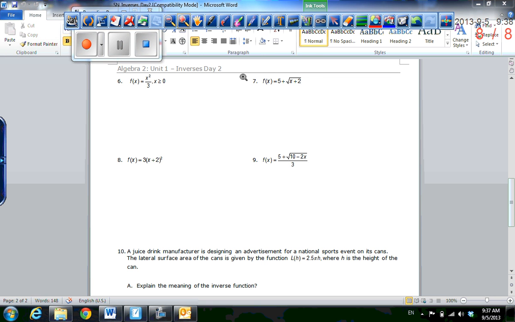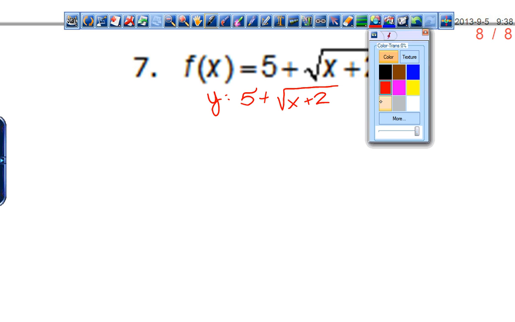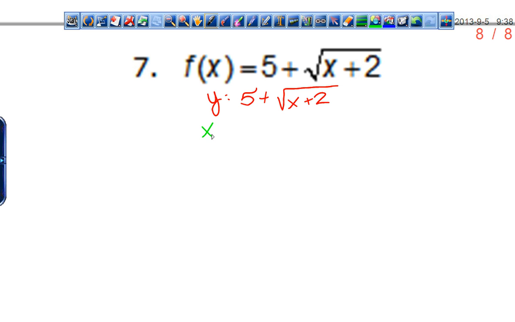All right, so number 7, first thing, we got y equals 5 plus square root of x plus 2. The first step after we do that is switch x and y. What about now? Subtract 5 from both sides, get x minus 5 equals the square root of y plus 2.